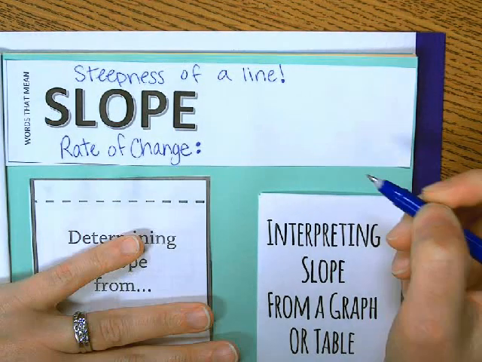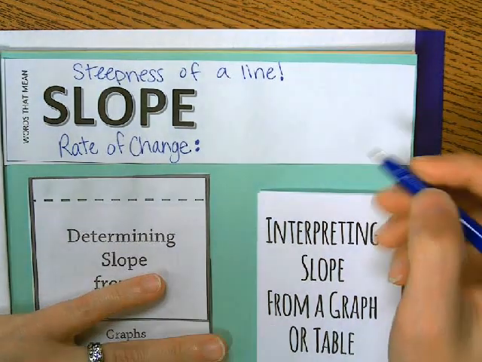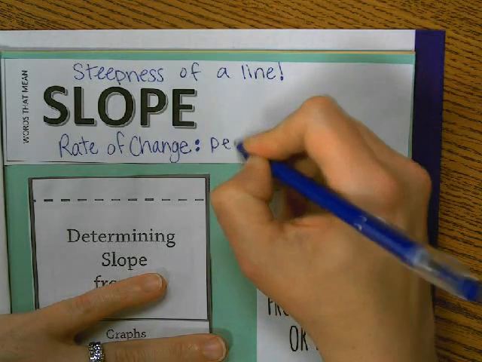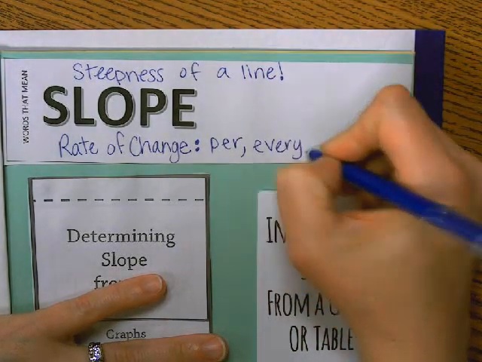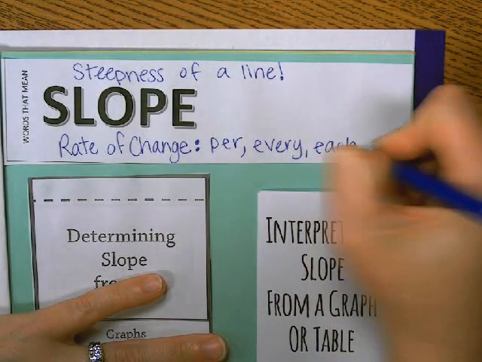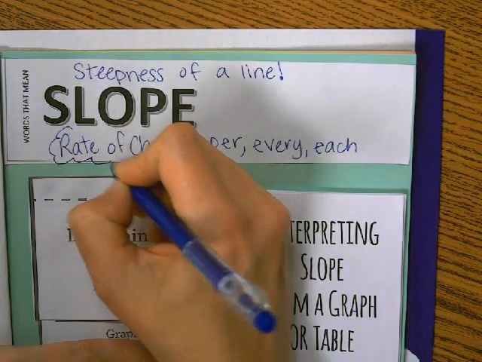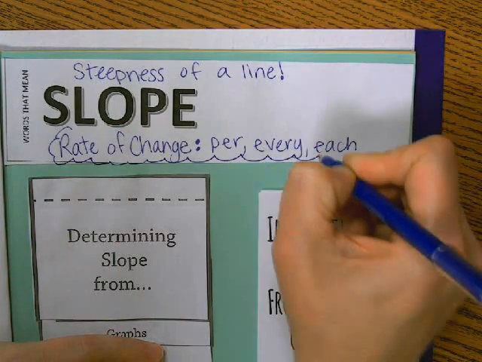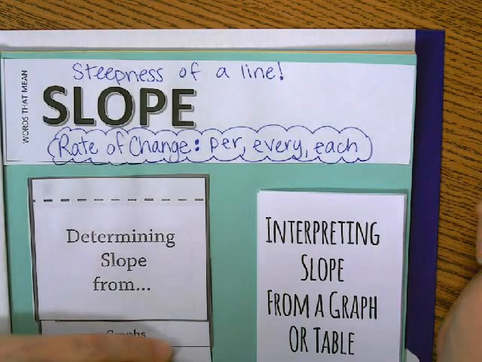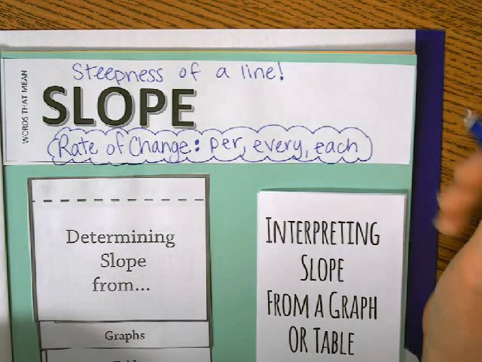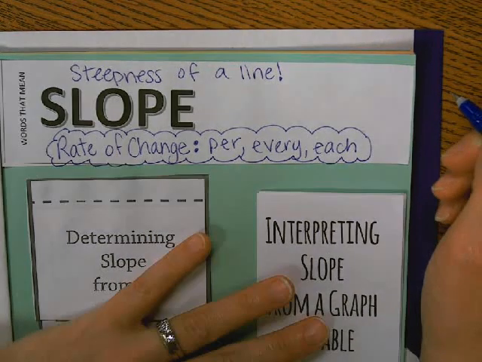So if we're looking at a word problem, these are the words we're looking for: per, every, and each. We're looking for words that mean, hey, I have a rate going on. That's what we're looking for if they give us a word problem and ask what's the slope.